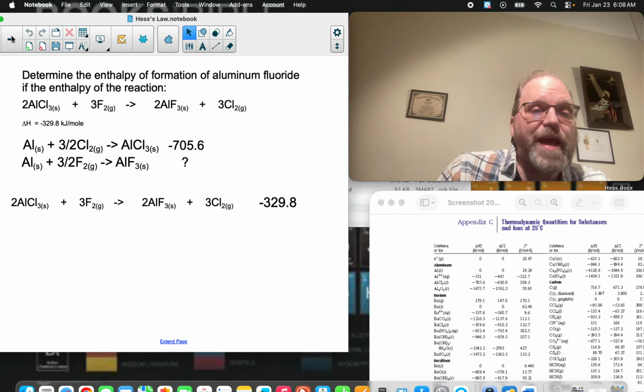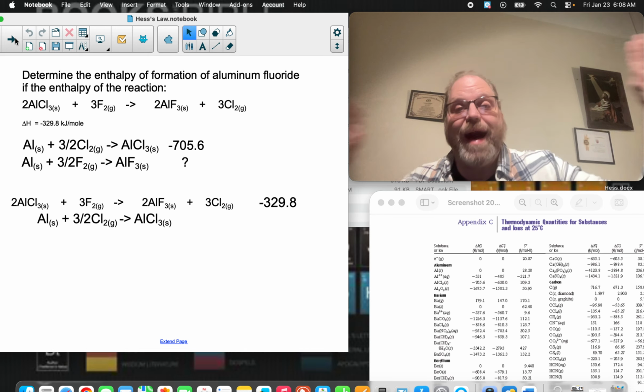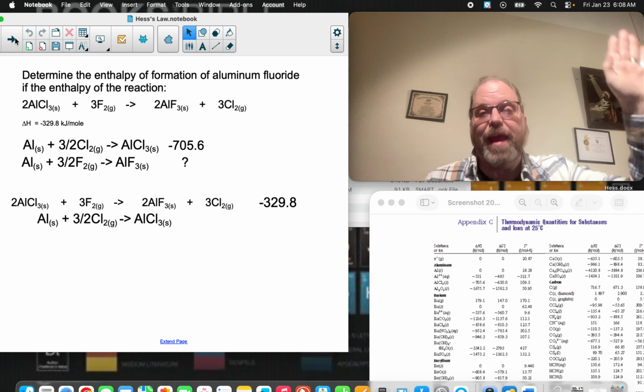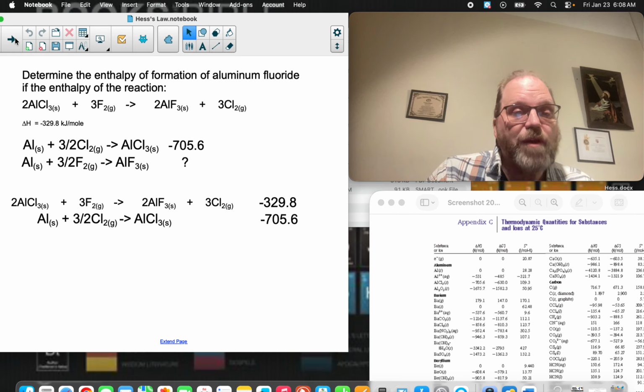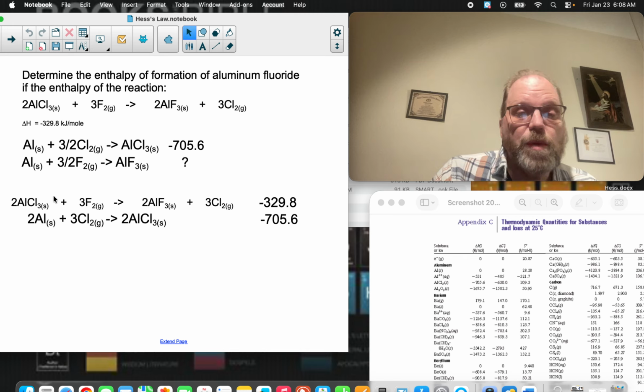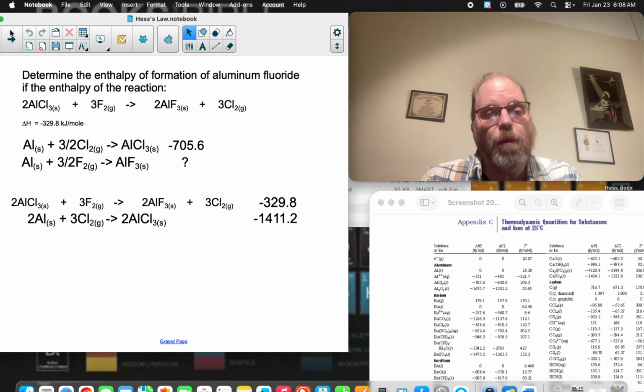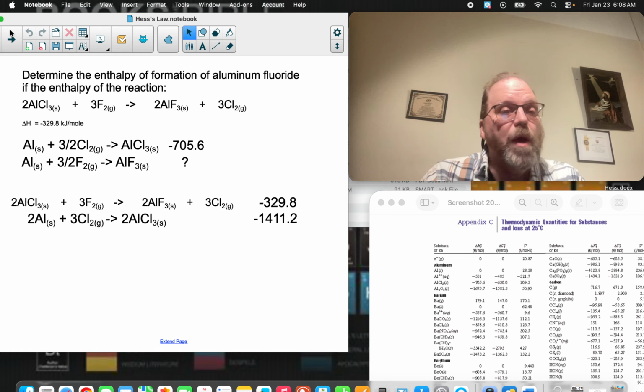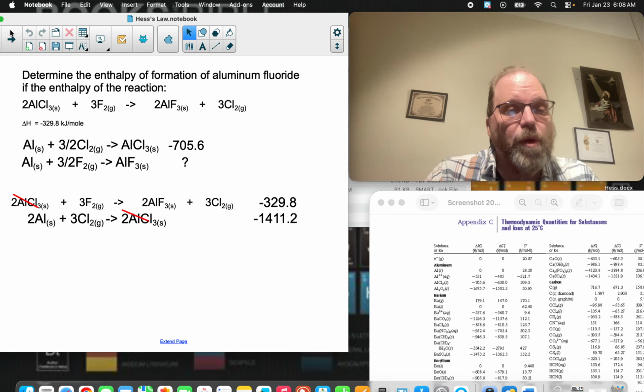Okay, we want to get rid of aluminum chloride, so we're going to put aluminum chloride on the opposite side from it so that it crosses out. And we're going to have to multiply it by 2. So we multiply that value by 2. We get negative 1,411.2. When we do that, our aluminum chlorides cross out and our chlorines cross out.